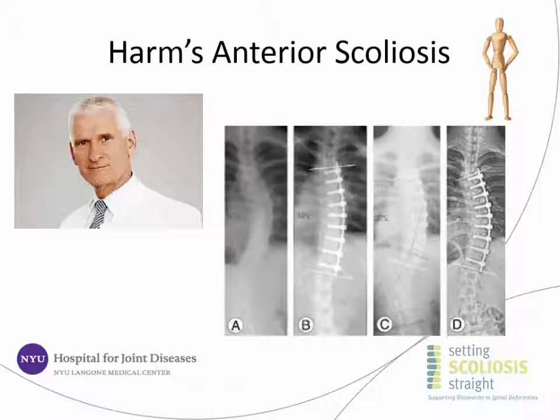And he came up with his own instrumentation, and he put a solid rod in connection with these different screws that were going into the vertebral bodies from the front of the spine. And he was able to do very, very long constructs and to a certain extent did things that were not reproducible in the hands of the average surgeon.